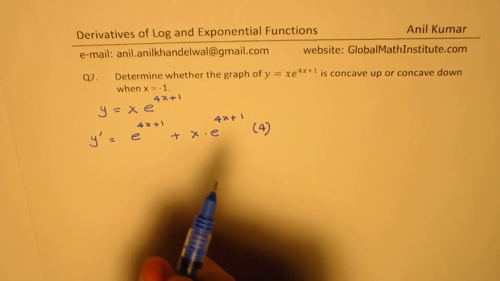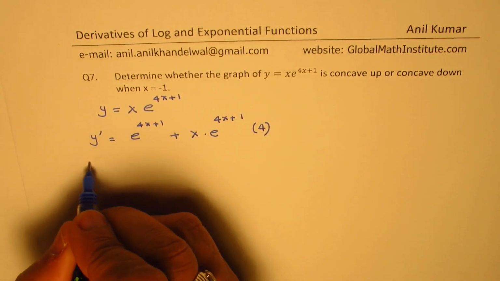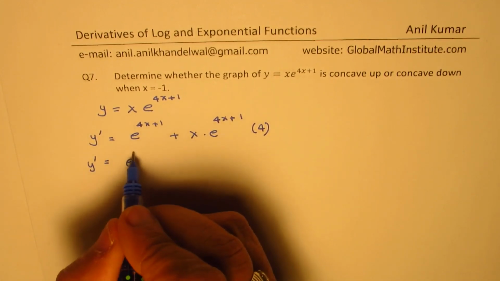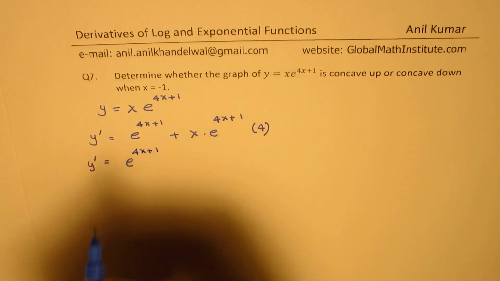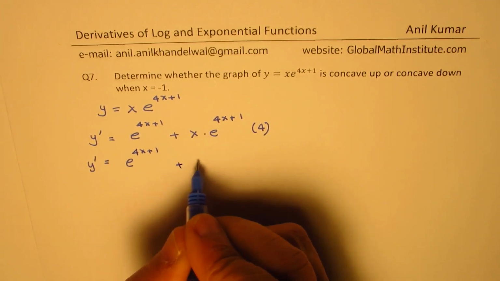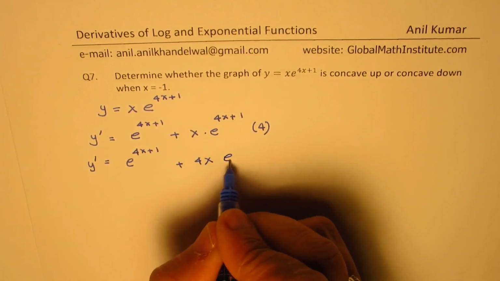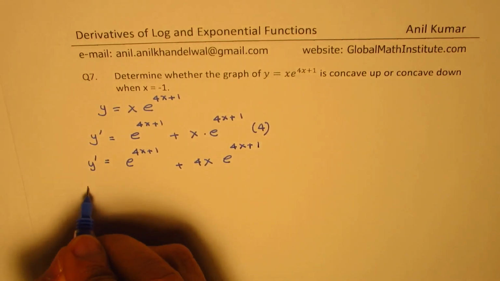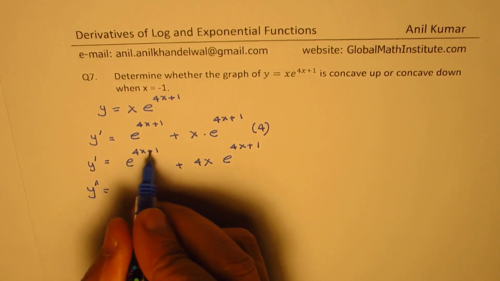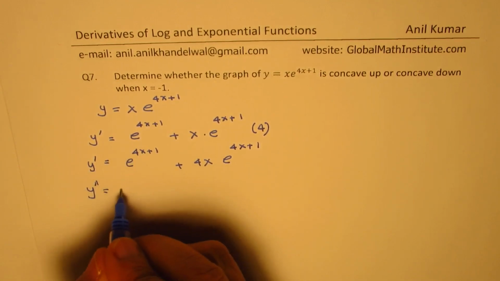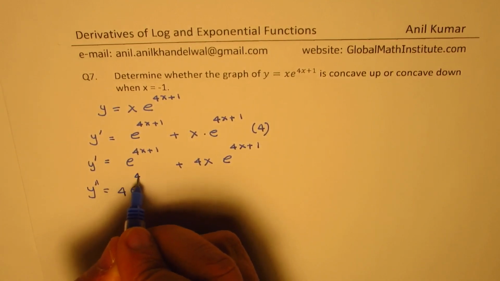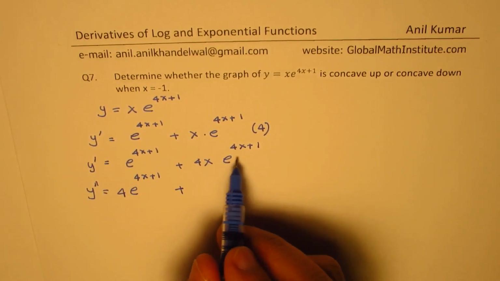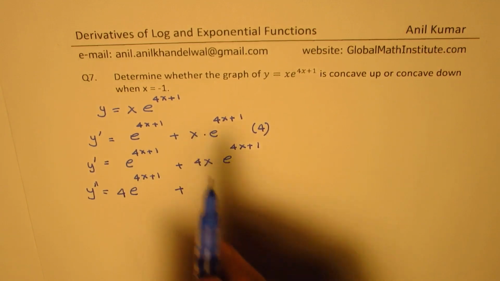So the derivative we'll rewrite as e to the power of 4x plus 1 plus 4x times e to the power of 4x plus 1. Now let's find the second derivative. The second derivative will be 4 times e to the power of 4x plus 1, plus, here we'll again apply the product rule, so we repeat this process.